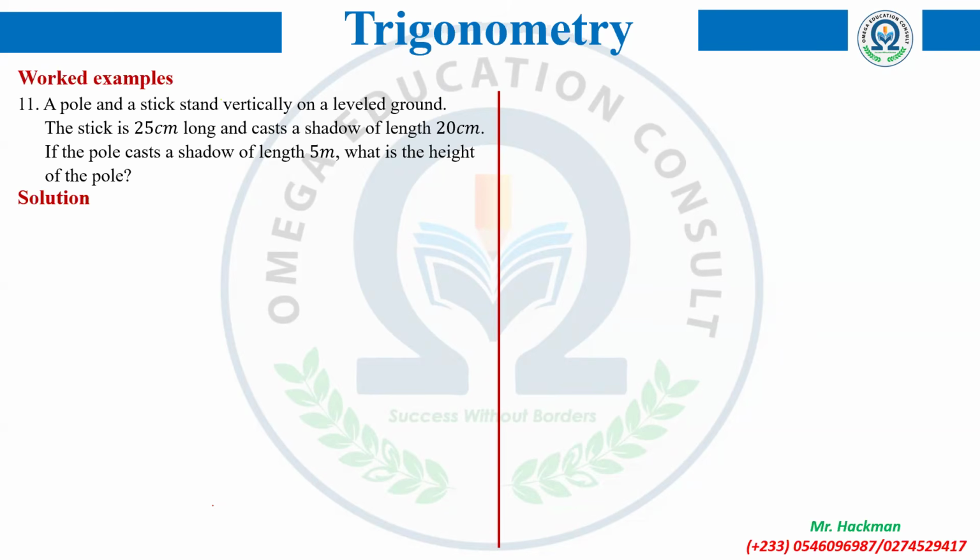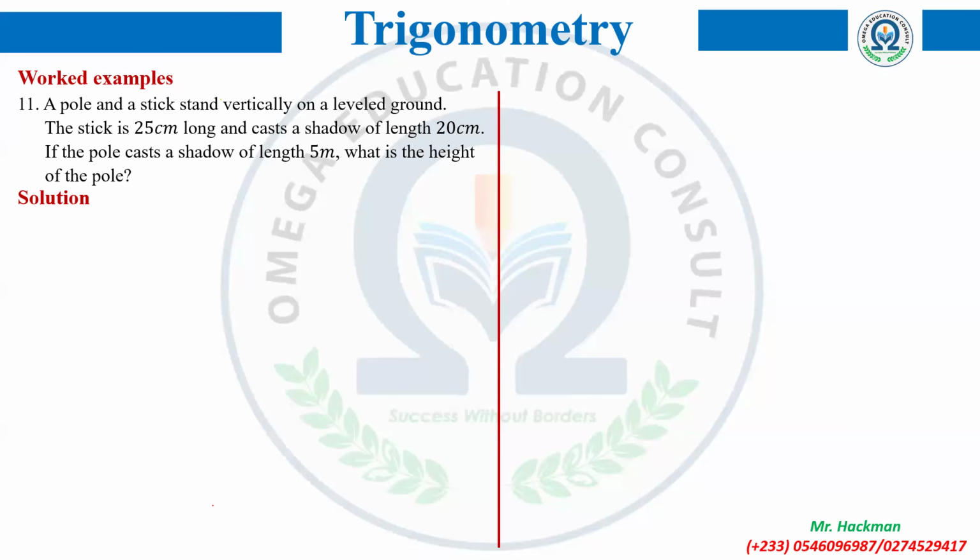If you look at the information given, in terms of the pole, we know its shadow, but we don't know its height. But in terms of the stick, we know its height and we know its shadow.